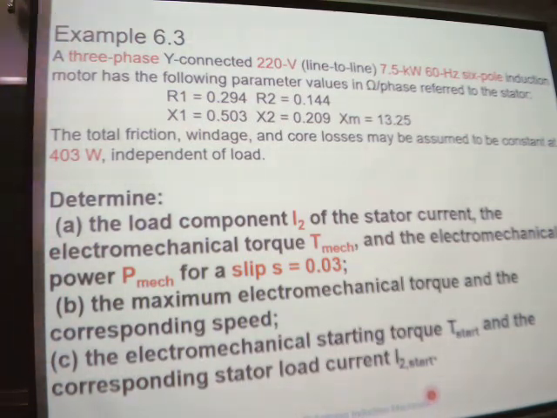This is a little complicated compared to 6.2 because the equations we use are complicated: 6.33, 6.36. All these equations are complicated. But if we can find which equation we should use, it's also simple to do this problem. Let's see.